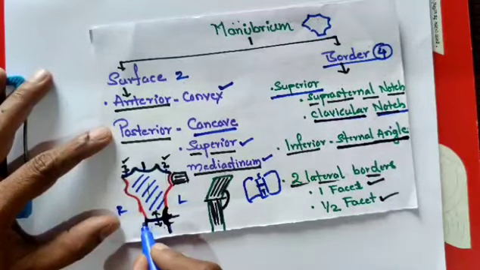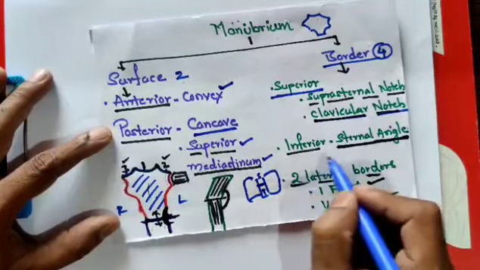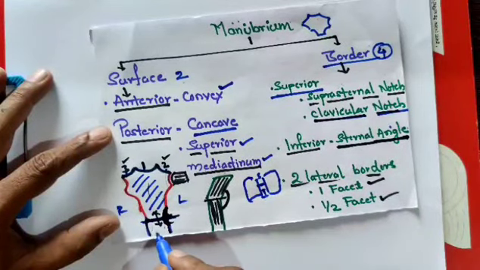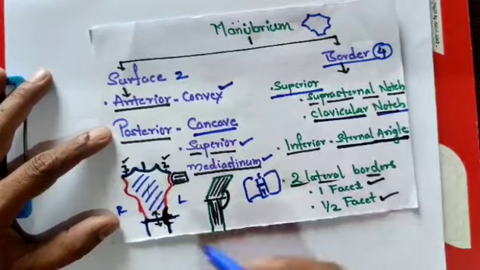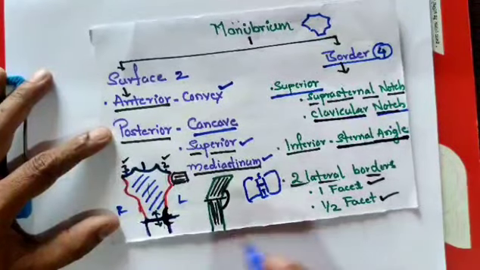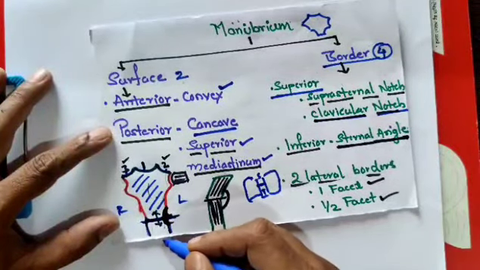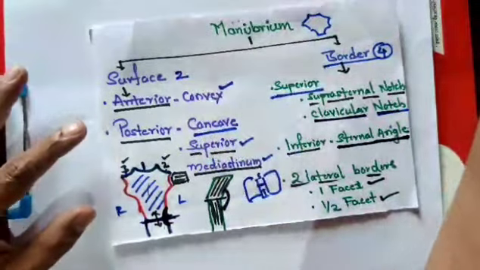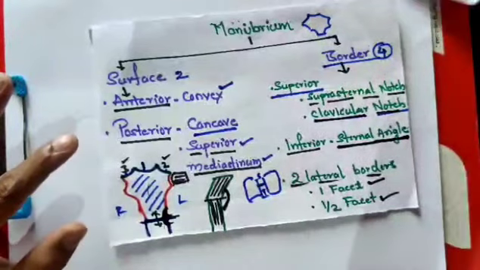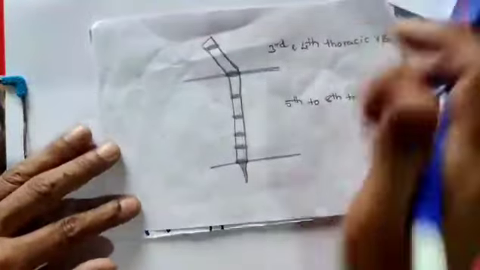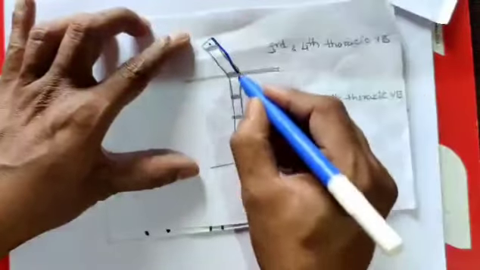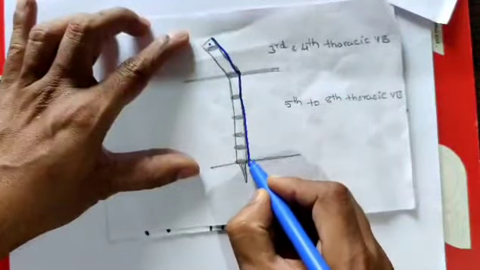Next, we are going to discuss the inferior border. The inferior border is merged with the upper end of the body of the sternum. It is not merged straight, but while merging with the body, it bends a little bit and makes an angle. For example, here I am going to show in the diagram. See, this is the manubrium sterni, and this is the body of the sternum.